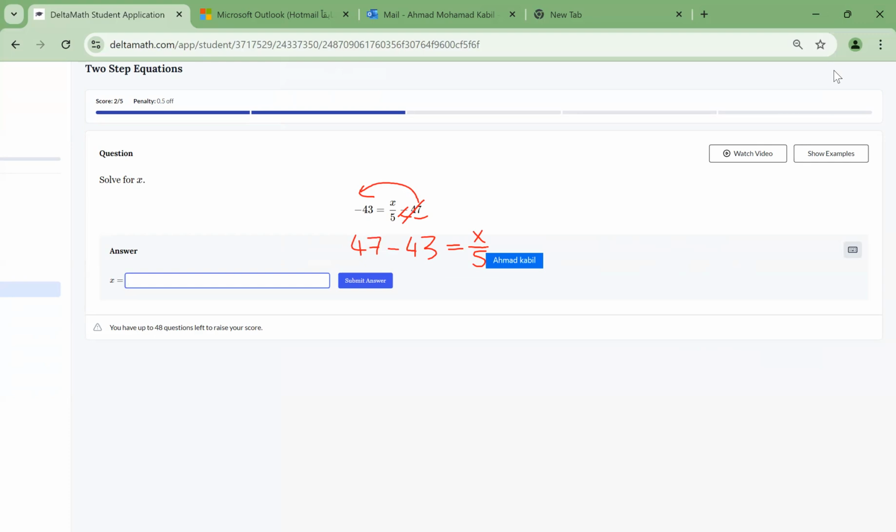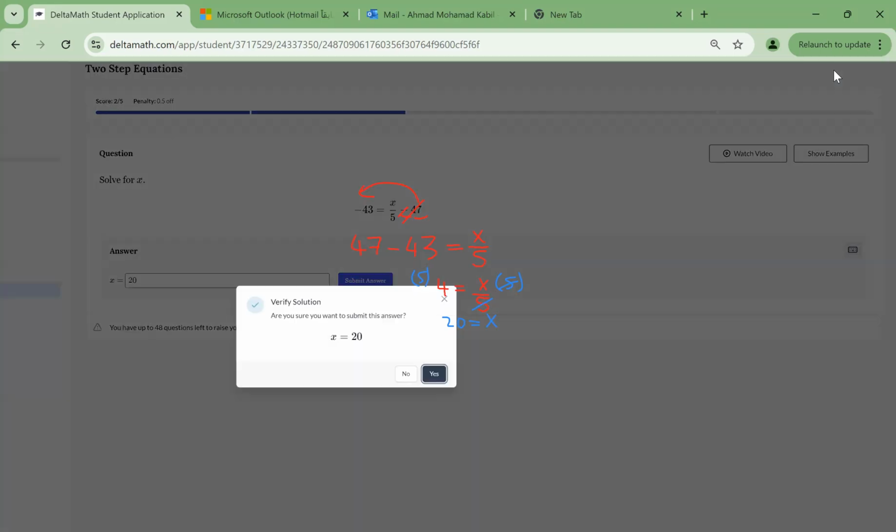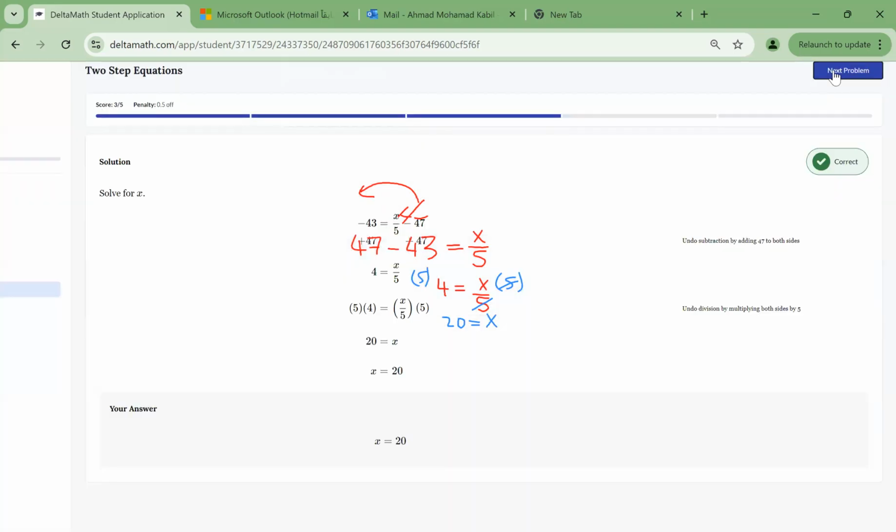Of course, we can simplify 47 minus 43. This is 4 equals x over 5. And we can multiply both sides of the equation by 5. So we get 20 equals x. So therefore, x here would equal 20. And this is the correct answer as well.